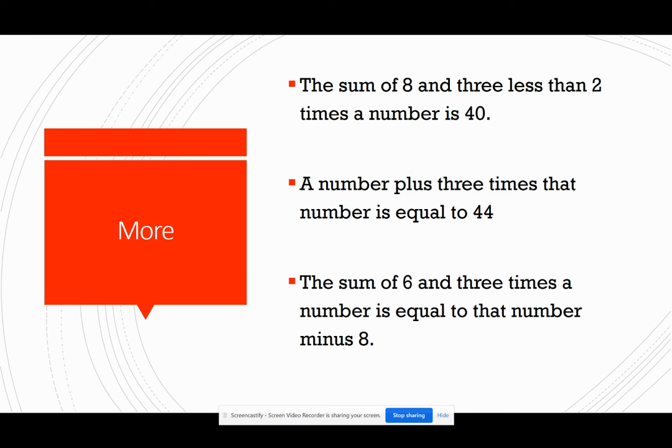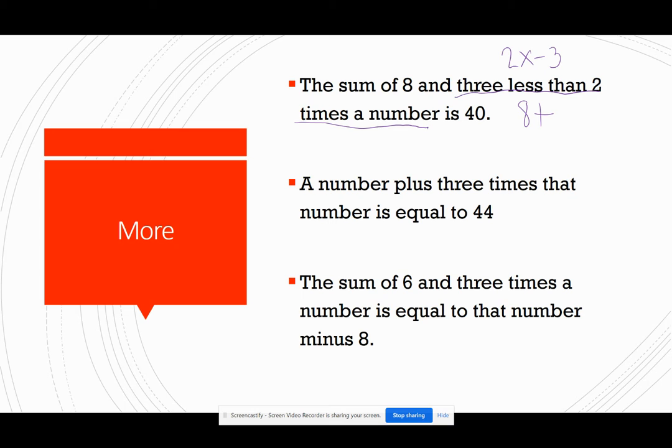These are where we get a little bit more intense, so let's take a look. The sum of 8 and 3 less than 2 times a number. The sum means addition, so 8 plus 3 less than 2 times a number. Let's just look at that part. 3 less than 2 times a number means 2 times a number minus 3.